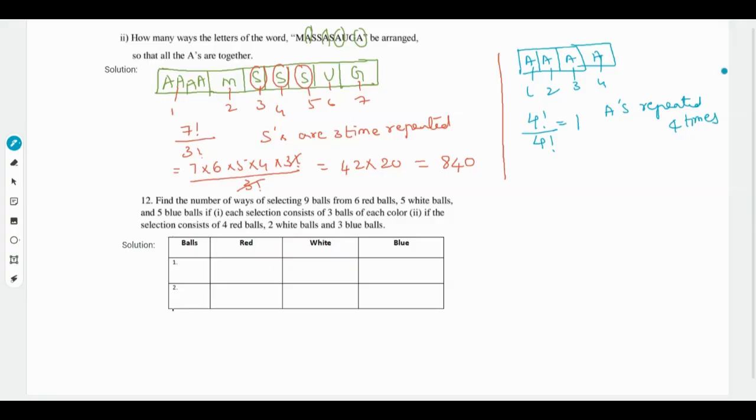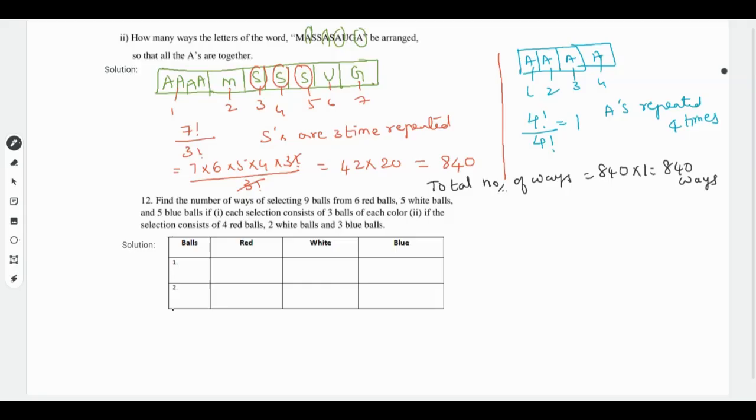So the answer will be 1. Therefore, total number of ways equals 840 into 1. That will be 840 ways.